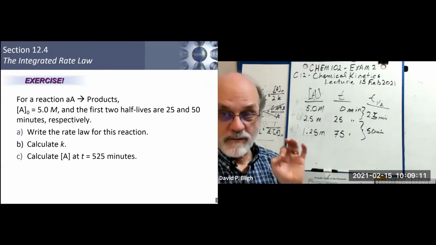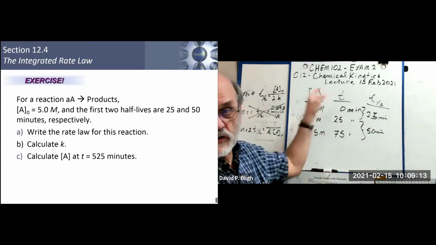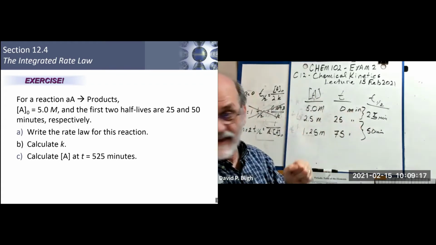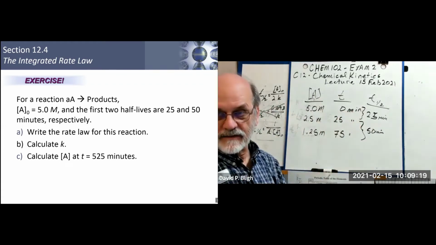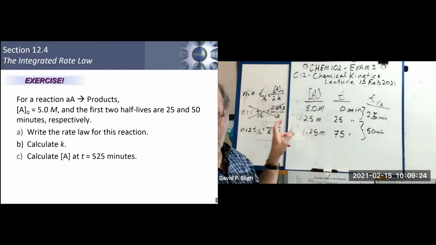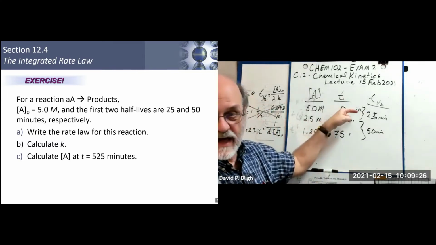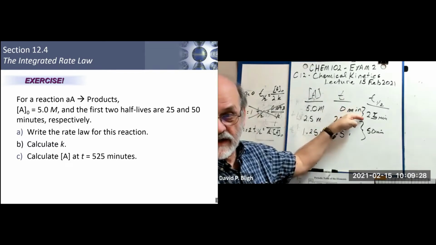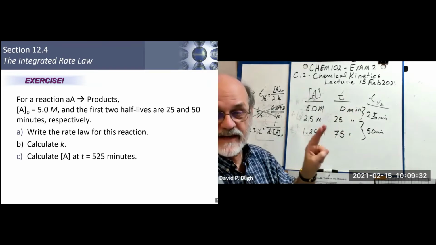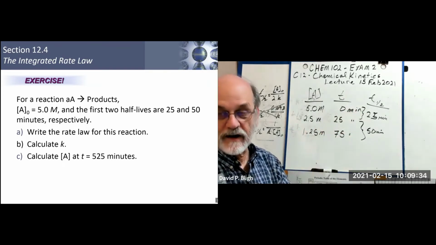If K does not remain constant when we do those two calculations, for this one and for that one, then that's not it. The only one that works is the one where we do the calculation of half-life for each of these two and find that K is the same for both of them. Right, so that's where we're headed.